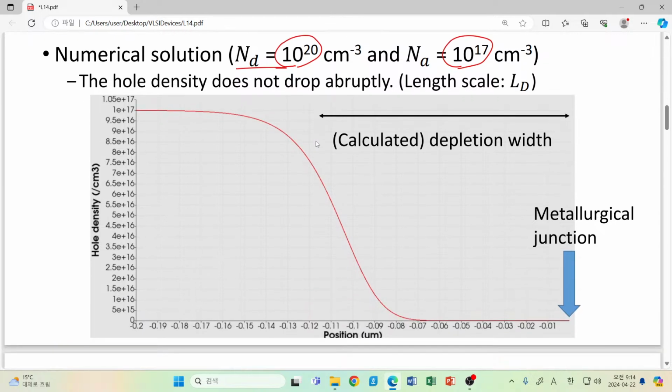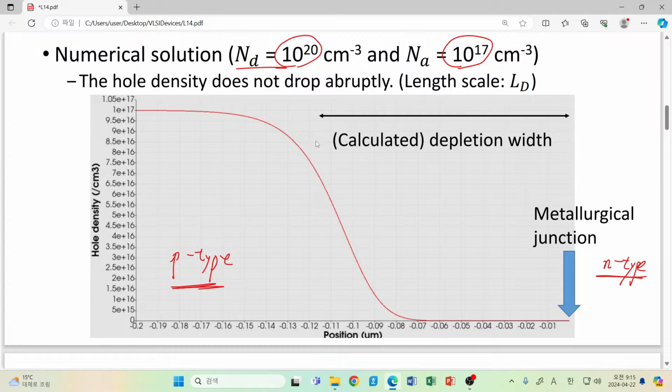Please note that this is the p-type region, and here we have the n-type region. Since the p-type has a lower density, all of the interesting phenomena called depletion occur mostly in this p-type region.